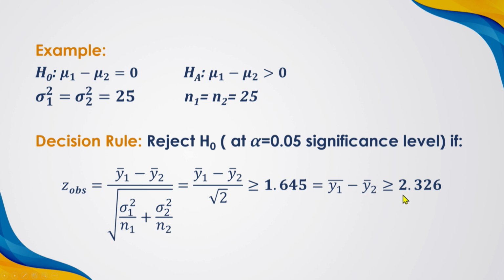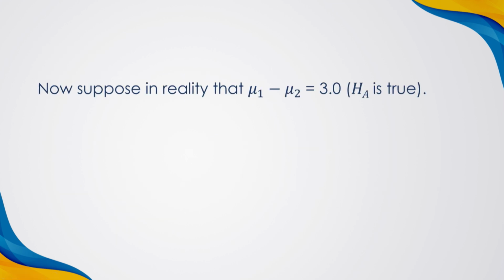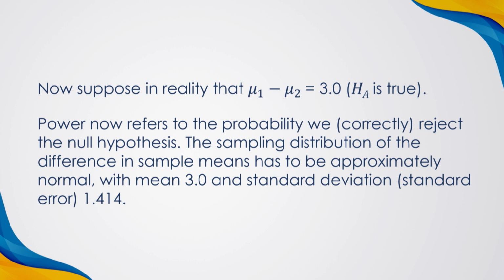to 2.326. Now, suppose in reality that mu1 minus mu2 is equal to 3.0 when HA is true. Power now refers to the probability that we reject the null hypothesis when it is false.